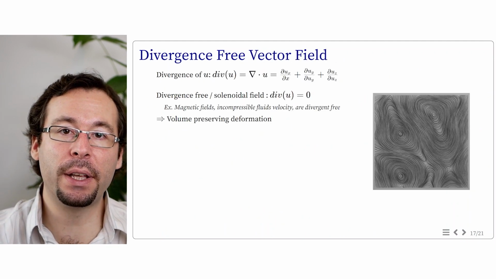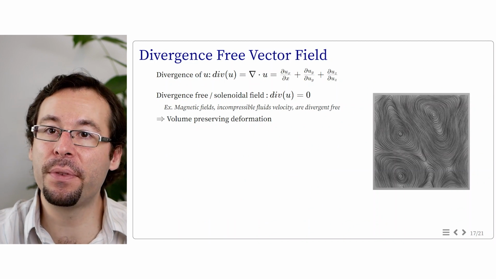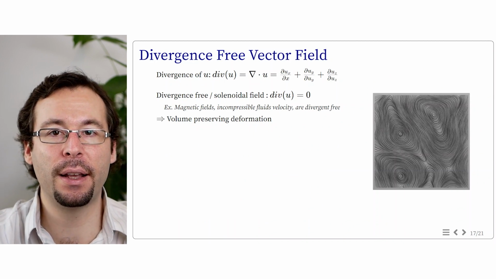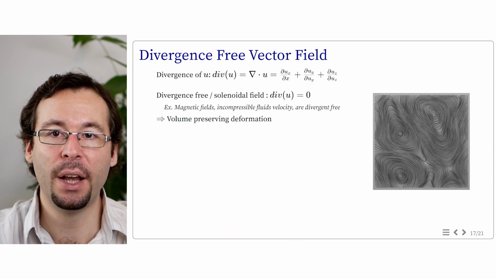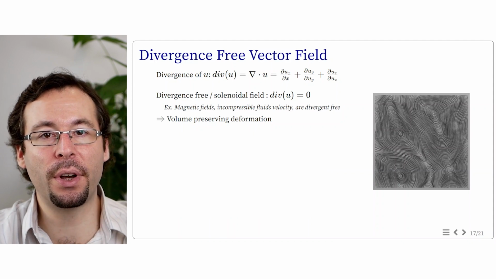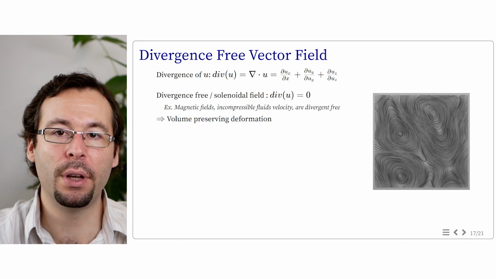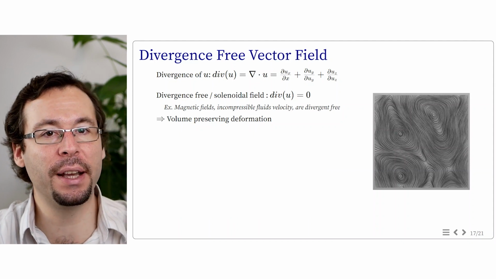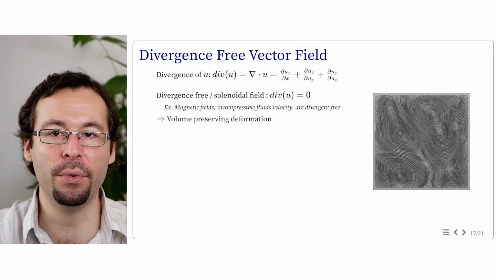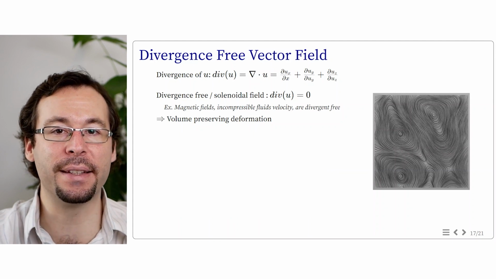Among all types of vector fields, the use of divergence-free vector fields has several advantages. We remind that the divergence of a field u can be written as nabla dot u, and it's the sum of the partial derivatives of the coordinates of u along x, y, and z.